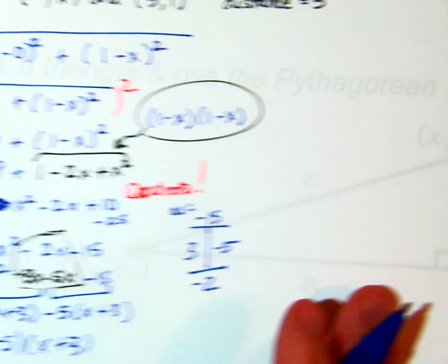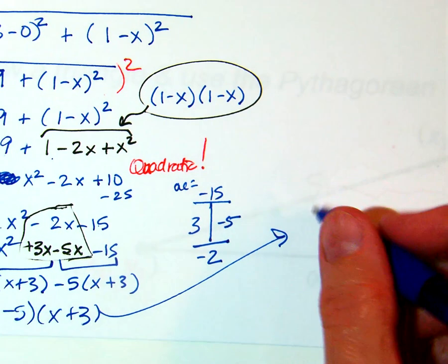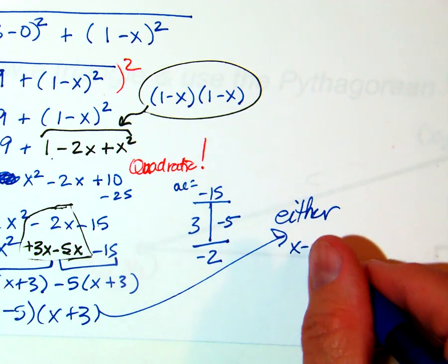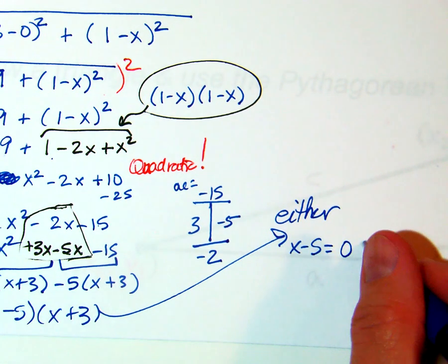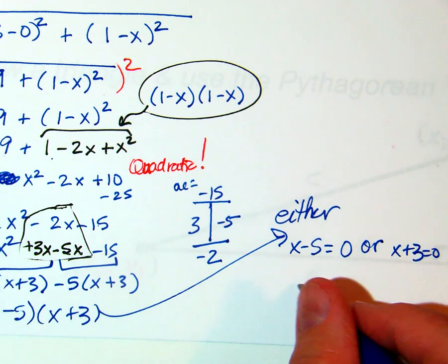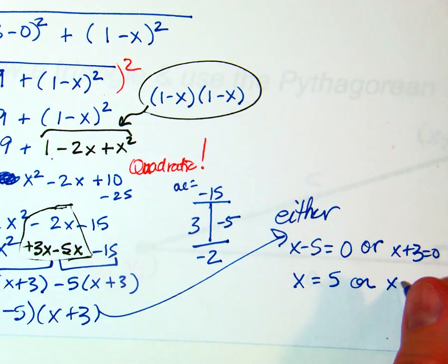What will I get from there? Okay, that way I know that either x minus 5 equals 0 or x plus 3 equals 0. So that would be either x equals 5 or x equals negative 3.